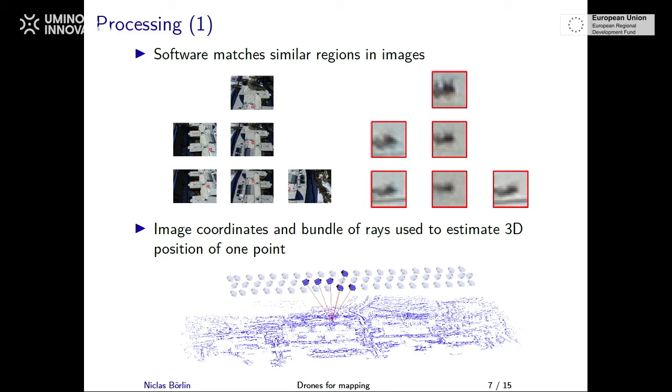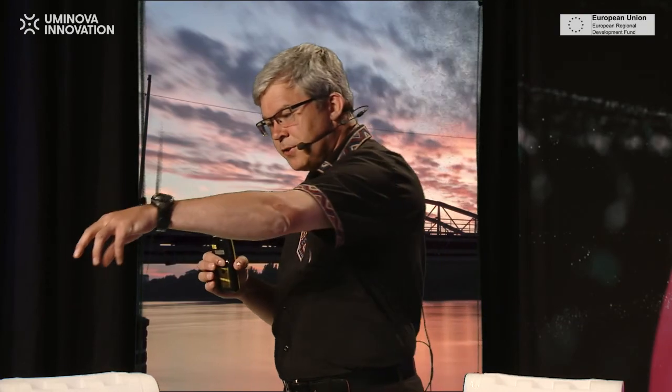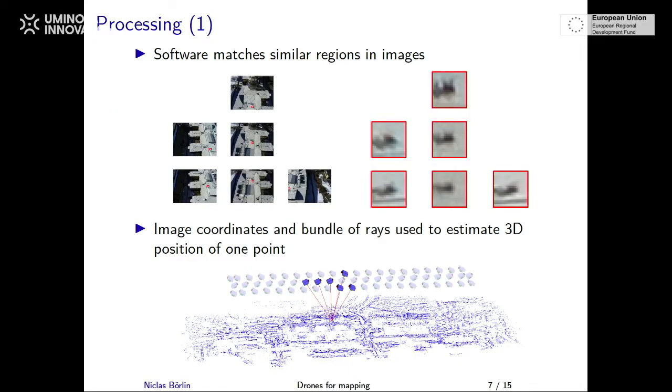The computer looks in the images, tries to find patches in the images that look the same. And in the illustration, there are 6 patches; I think it's the painting on the roof that is damaged, and the software found this in 6 different images.